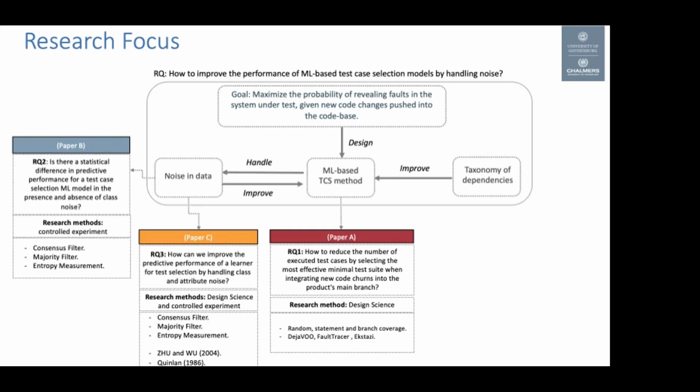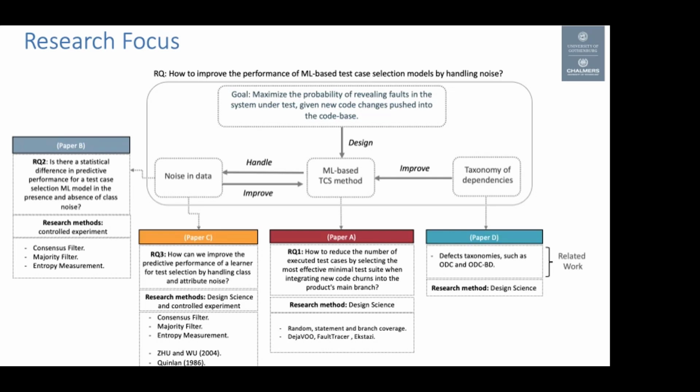By valid, I mean there will be some test case types that react upon certain code changes. So we wanted to understand what types of test cases will react to those code changes. And according to our knowledge, there are no existing taxonomies in the literature that make such a classification. The most related taxonomies classify defect types.